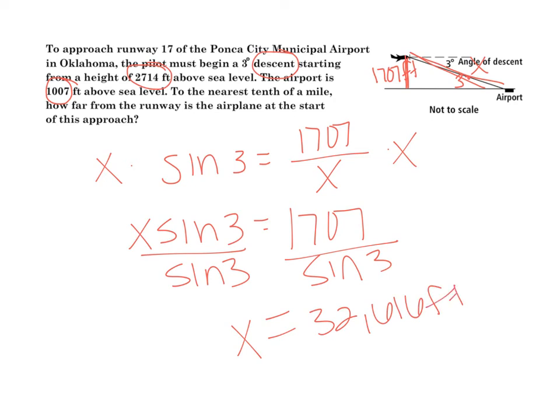But it's said to the nearest tenth of a mile, so we're going to divide that by 5,280 because there's 5,280 feet per mile. And that comes to roughly 6.2. So they're about 6.2 miles away from the runway.